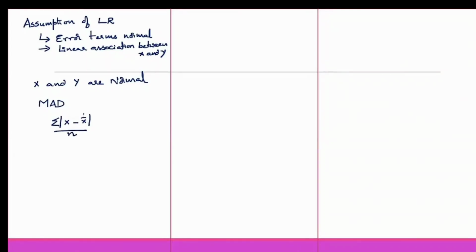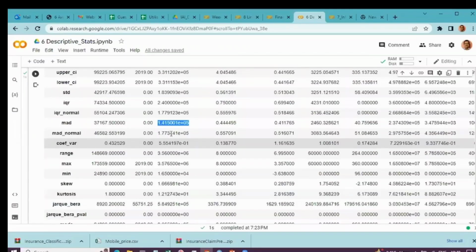Instead of squaring and then square rooting, it will take the absolute. So this is also another measure of average deviation from the mean. Of course, out of all these measures of average deviation from the mean, we generally consider standard deviation a better measure. So this is just to understand.